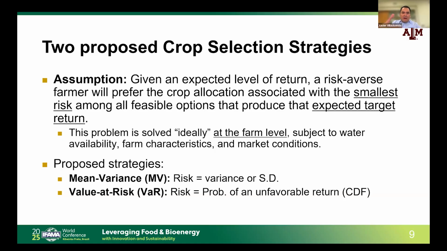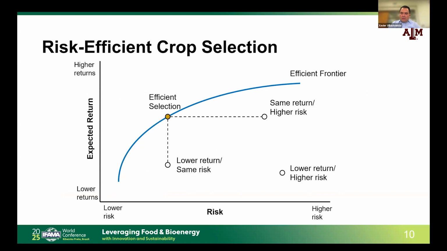So we have two approaches. The first one is to try to minimize the variance of the portfolio, and the other one is to try to minimize the probability of the worst scenario case. Both approaches show us this kind of relationship. We have taken this from finance, as I said before.